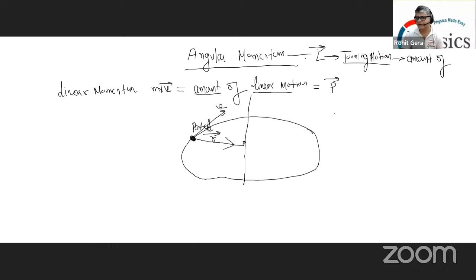Then the amount is calculated by the formula. L is given by the linear momentum it has. So we are talking about the linear momentum of a particle.